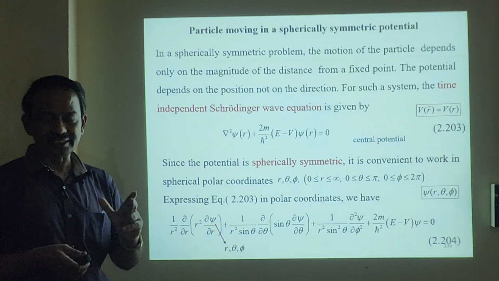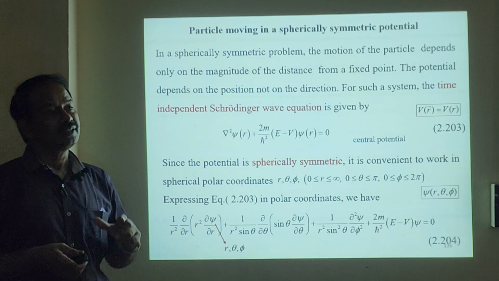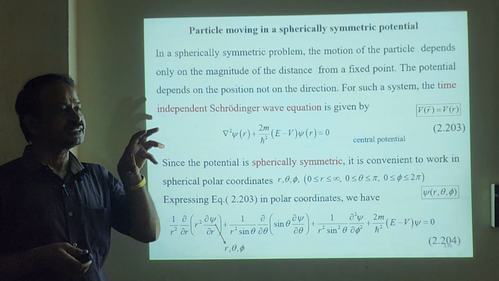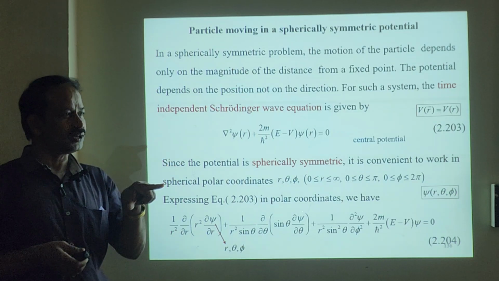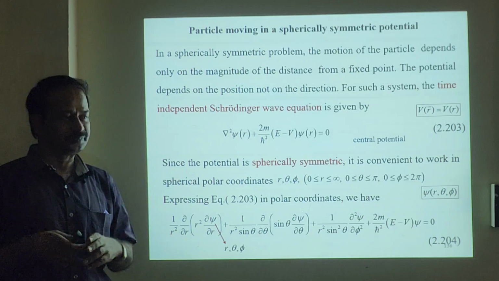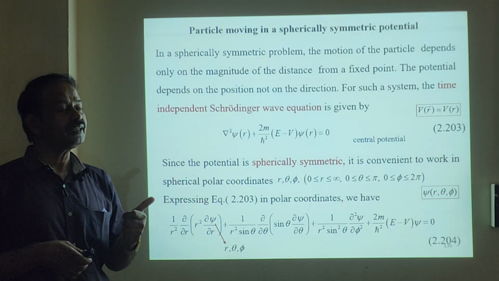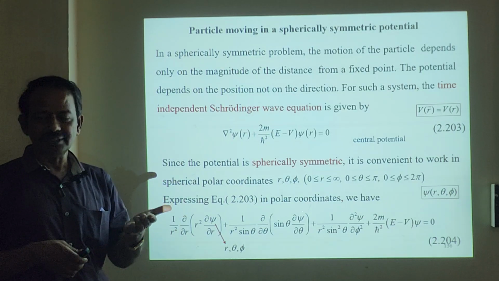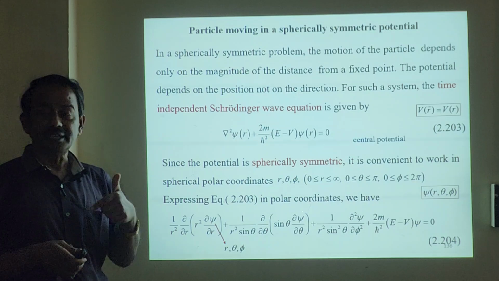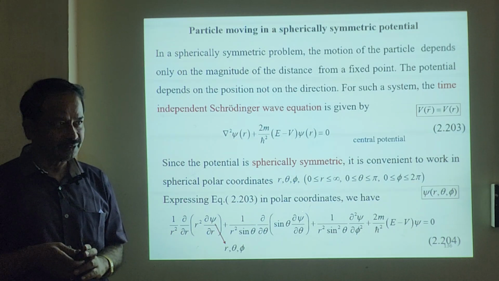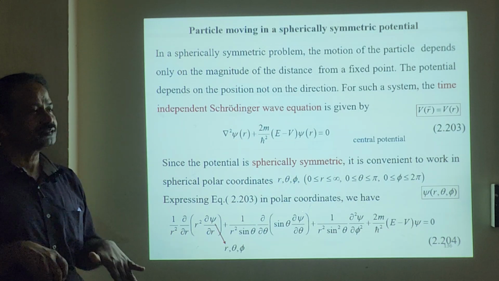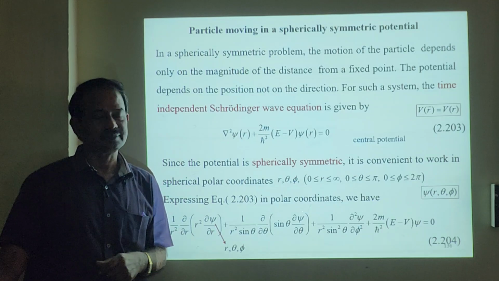There we used the wave function psi, which depends on the position coordinate and the time coordinate. We separated it, and we could obtain the Schrodinger equation in time independent form. Can you remember?